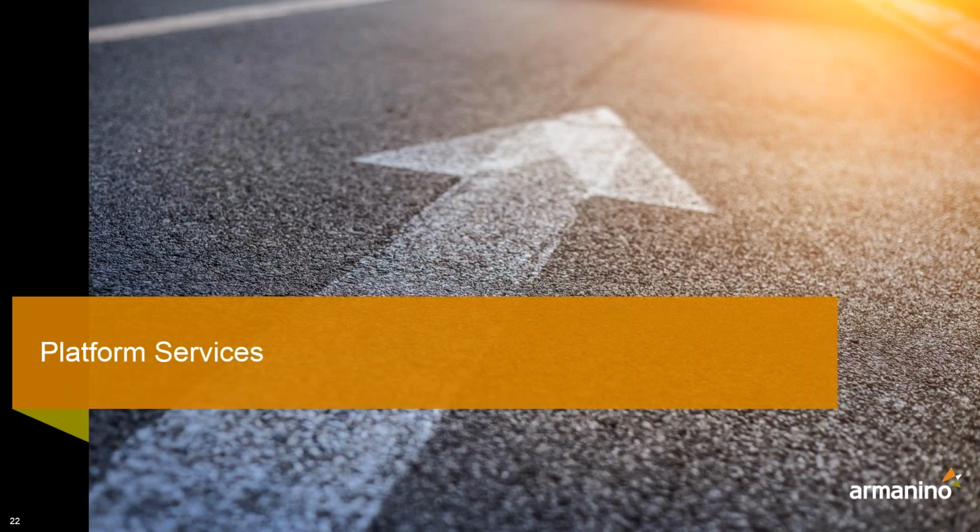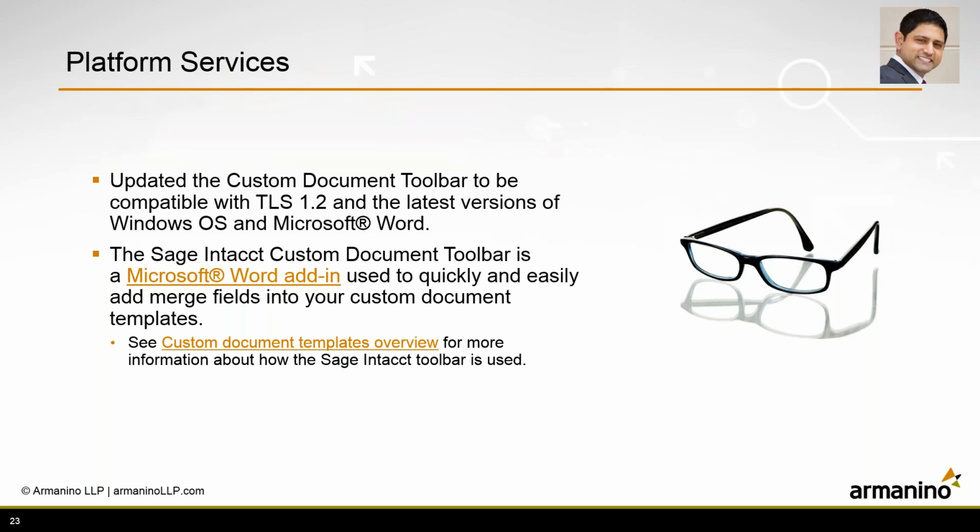Platform services. So kind of in line with where Brenda was talking about web services and some of those updates. I think the biggest update for platform services is around the custom document toolbar. So if we all have used either accounts receivable or order entry and print out sales invoices, order entry sales invoices, or you made your own custom AR invoices, the toolbar has always been a headache.